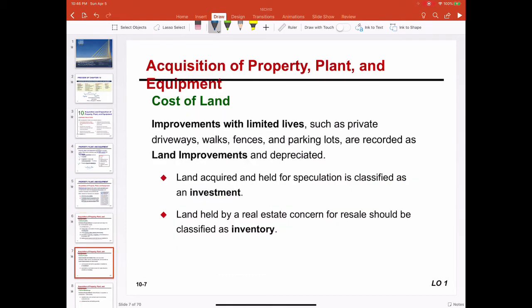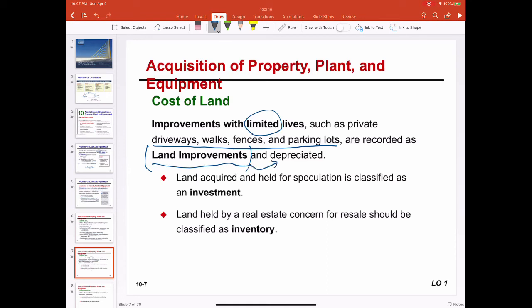Sometimes the firm may spend some expenditures on the land, such as driveway, sidewalk, fence, and parking lot. We will recognize these expenditures as land improvements rather than part of the cost of land, because land improvements have limited life, so we are going to depreciate.